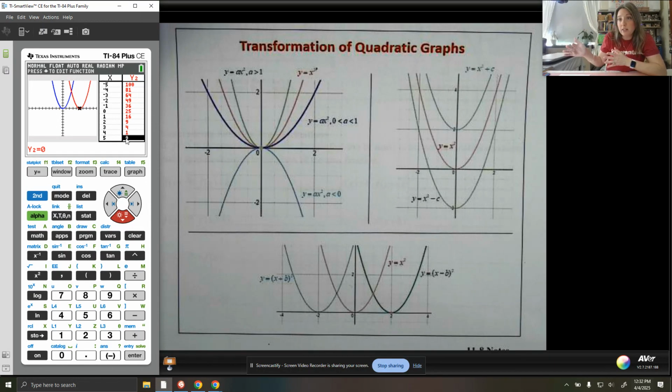And so see what that did? That changed my x value by adding 5. All of those x values. And you think it should be the opposite because it's a minus 5 in the parentheses. But that goes back to what I said about vertex form. It's the opposite sign of what's inside the parentheses that determines the x coordinate of your vertex.